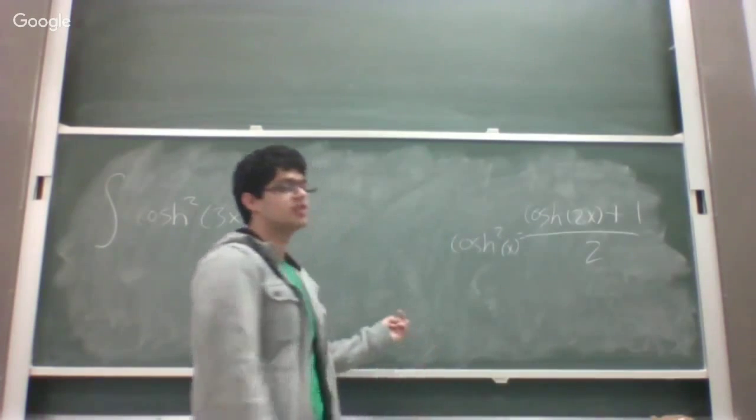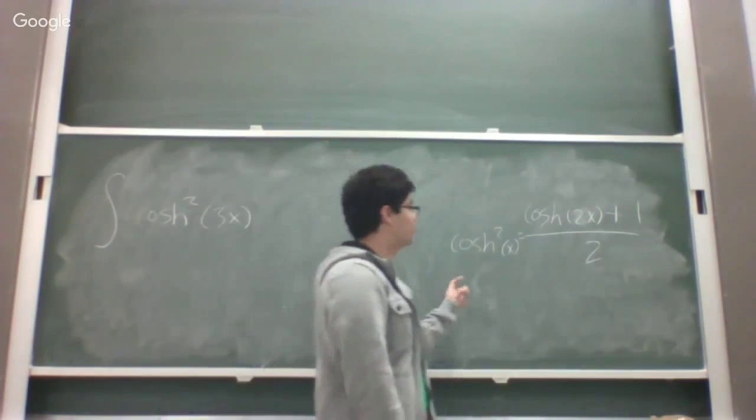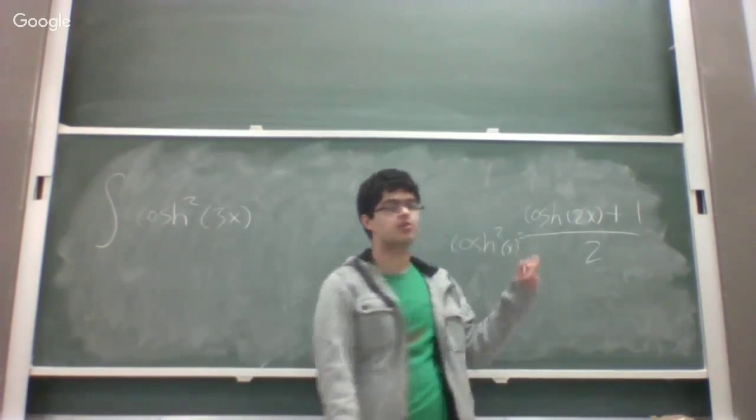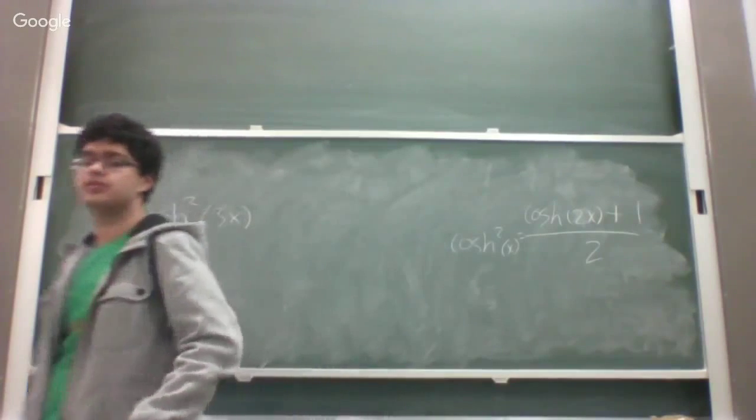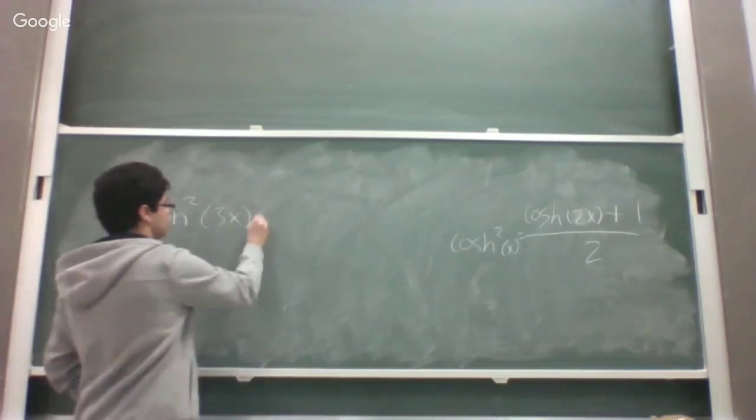Do you guys remember doing those with normal cosine squareds and sine squareds? You need to memorize the ones with cosh squared and sinh squared. Okay? So then we substitute that in here.